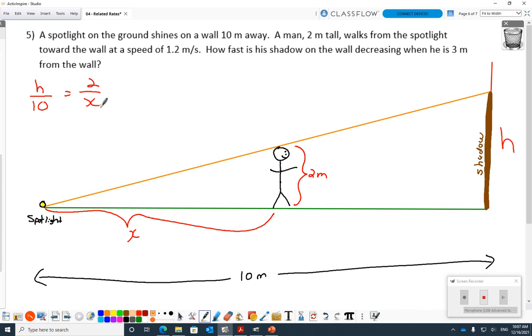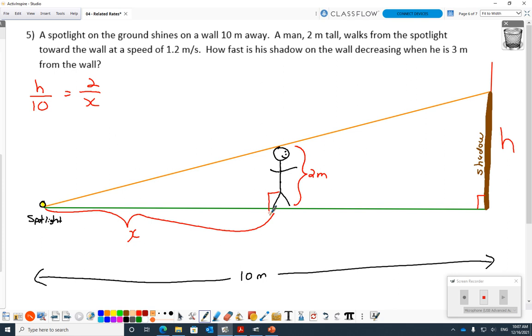Those two triangles are similar, so those ratios are the same. H over 10 is 2 over x. Again, if that's confusing, think about it from a trigonometry standpoint. Opposite over adjacent in this triangle has to be the same as in this triangle because they have the same angle, and they're both right triangles, assuming the wall is straight up and the man is straight up.